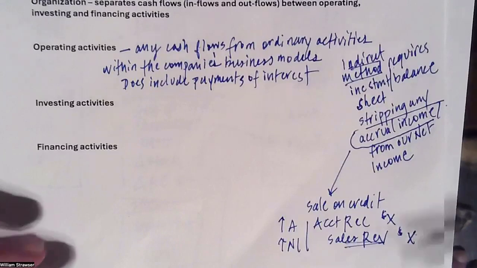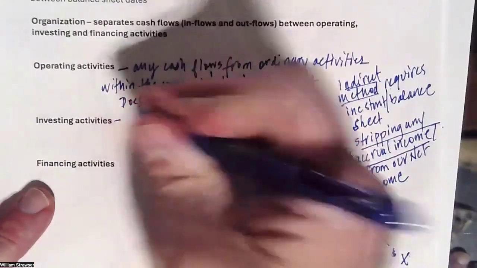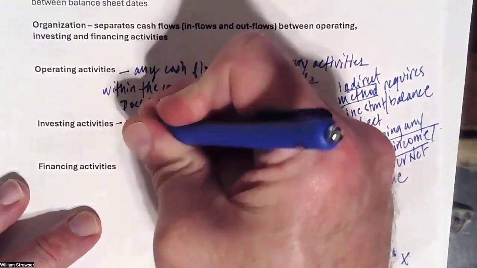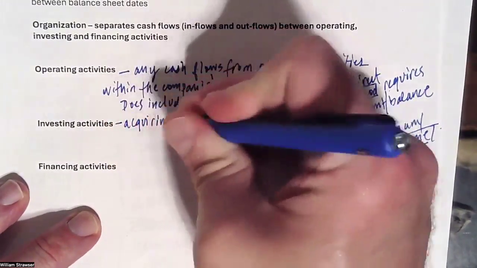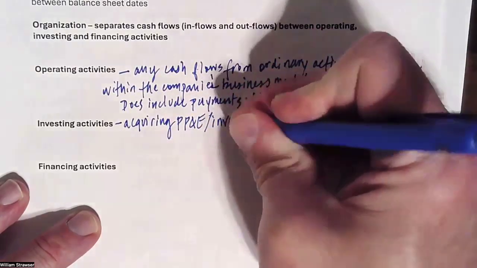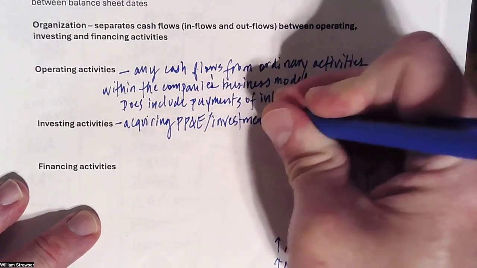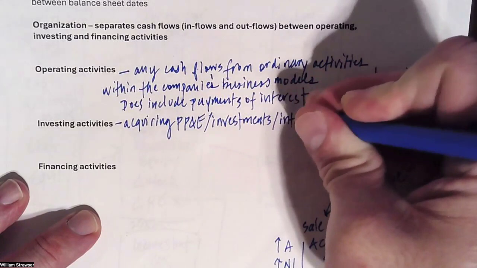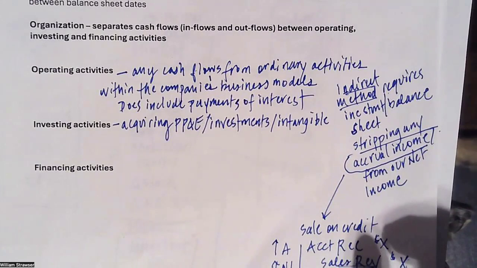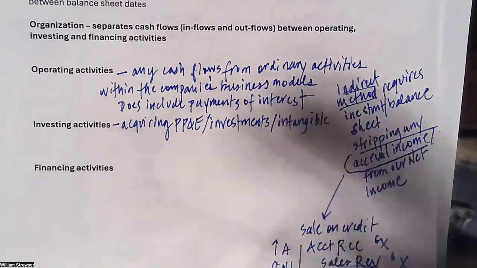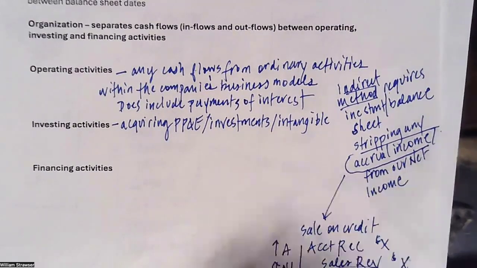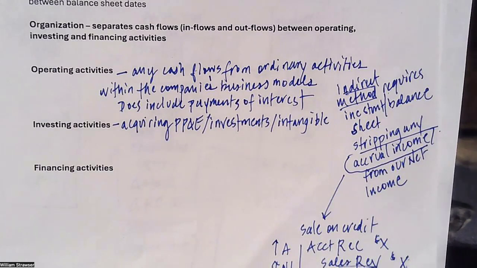Investing activities deals primarily with acquiring PP&E, investments, and intangibles. In regards to investments, that could be ownership of another company, through just a minor holding or a majority holding. It could include any common stock we hold of other companies.